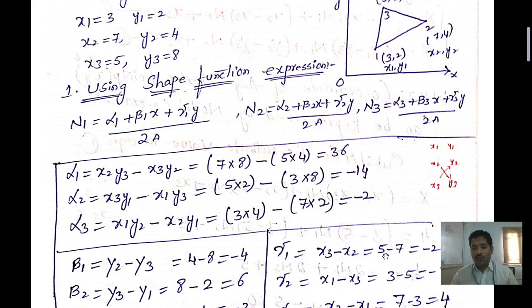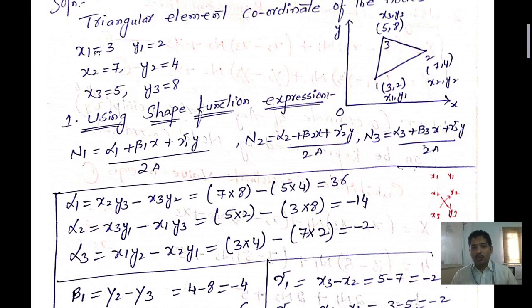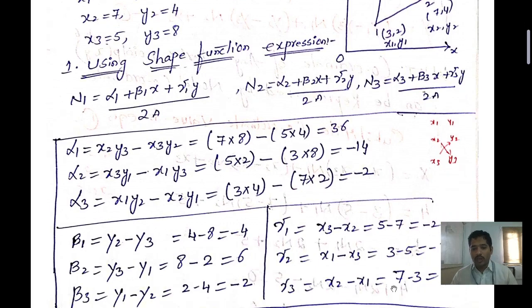Then x3 is how much? 5 minus of 7, it becomes minus 2. And gamma 2 equal to, in this case we need to eliminate the second row value. Then x1 minus of x3, then you will get minus 2. After that, gamma 3 equal to x2 minus of x1 equal to 7 minus 3 equal to 4.